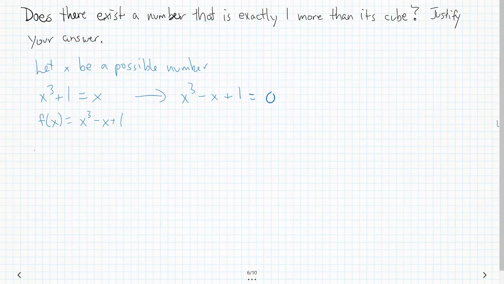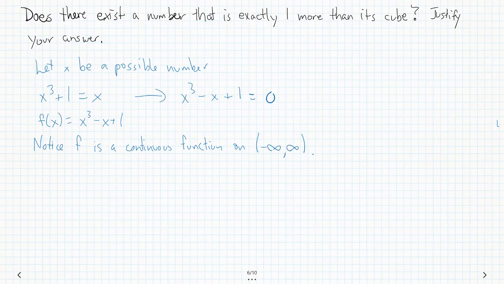Now first off, notice that f of x is continuous. In fact, since it's a polynomial, we'll even extend it on all real numbers, so negative infinity to positive infinity. So we'll have no problems for what we're going to do here.